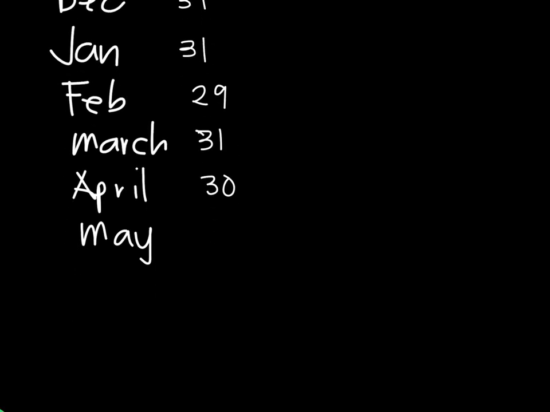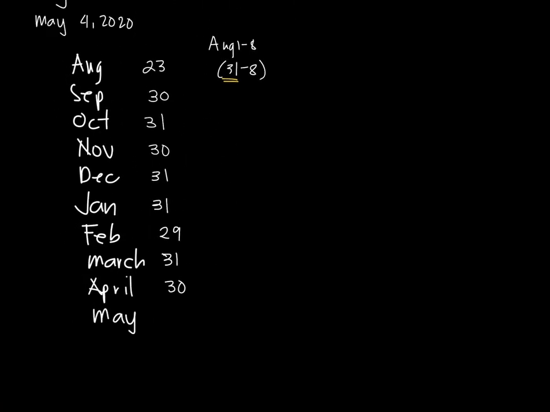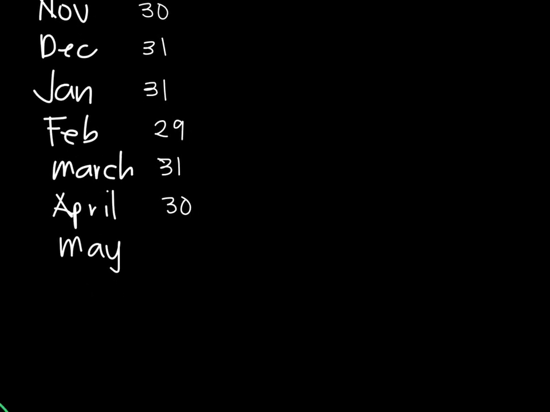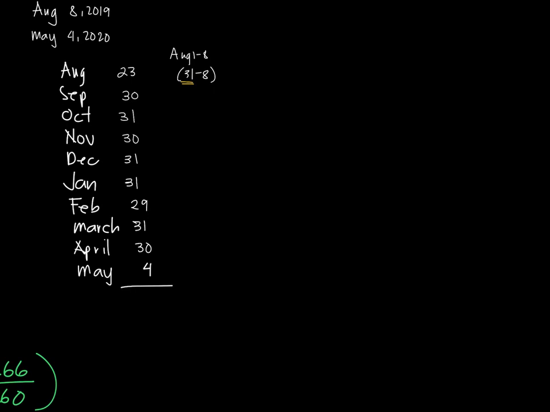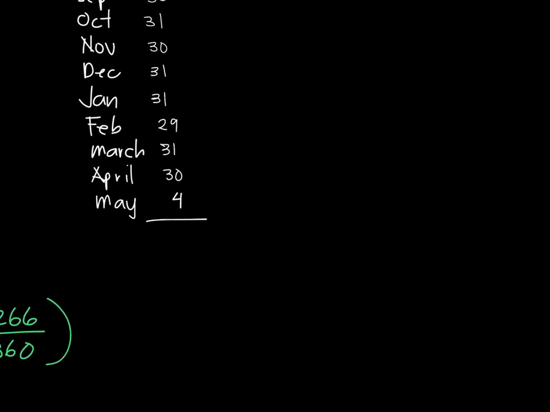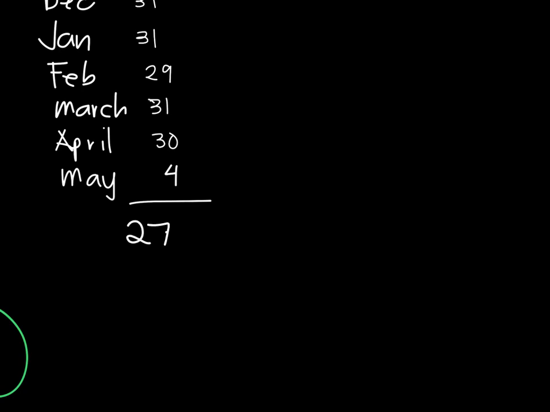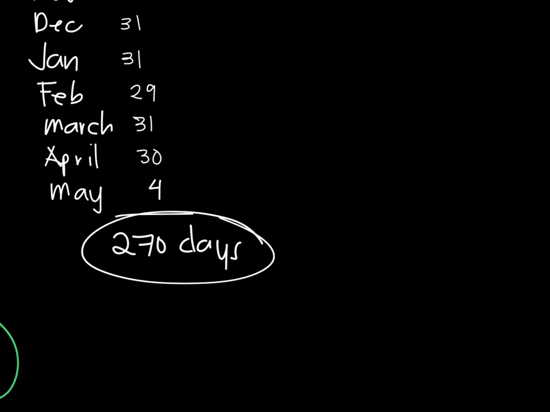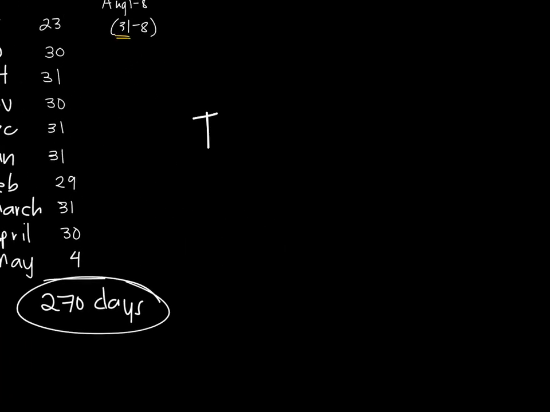And May is also 31, but we only have until May 4, so that's 4 days. Then you just have to add all the number of days that we have. So this is a total of 270 days.